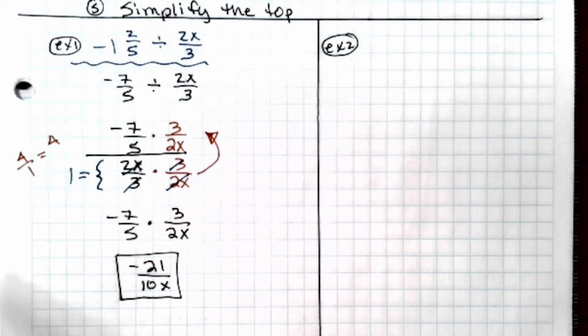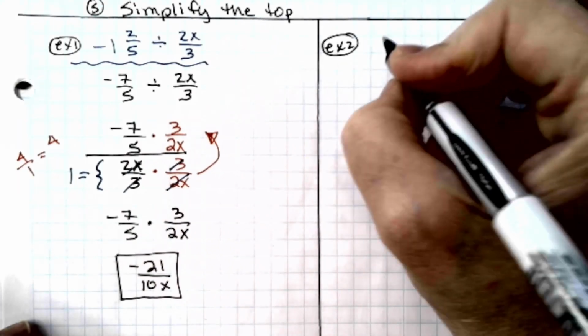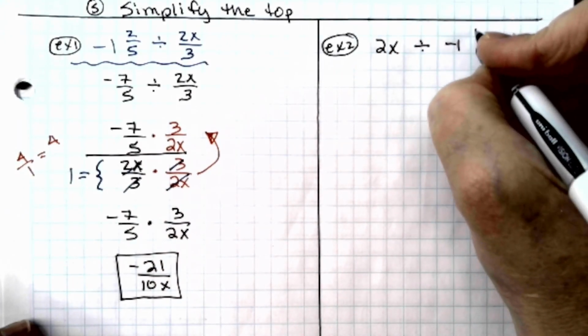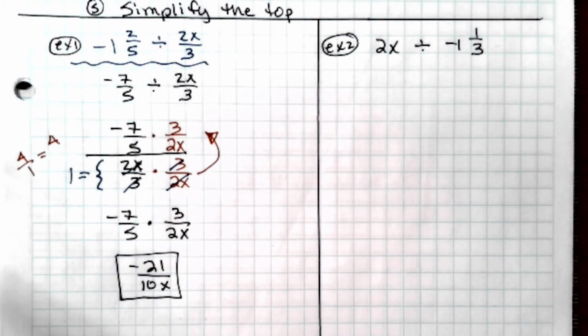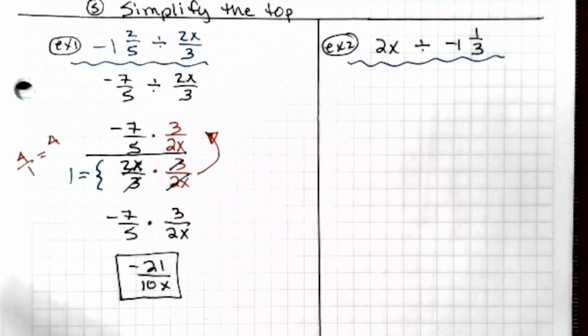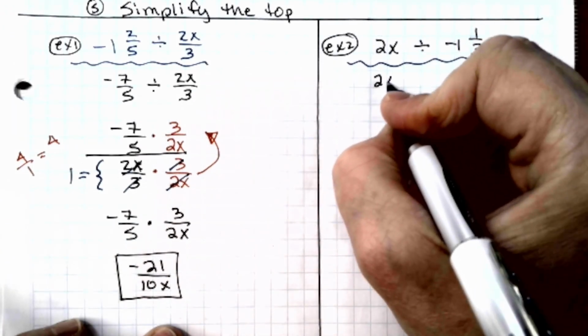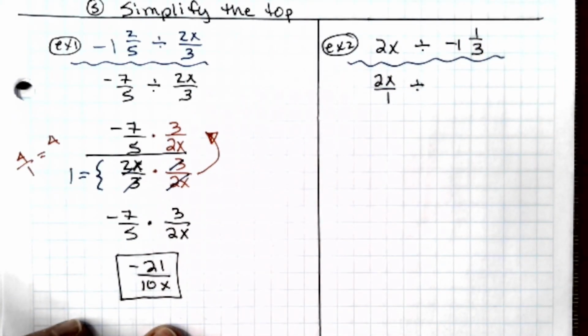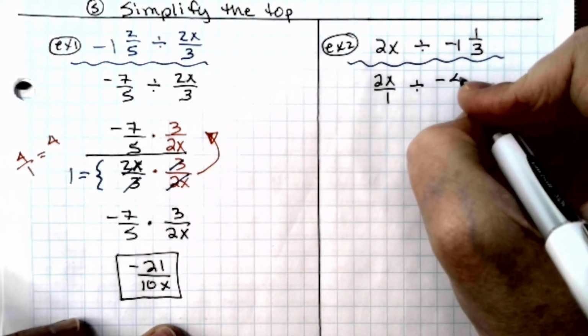Example 2 is 2x divided by negative 1 1/3. All right, so your first step is to put the whole numbers over 1. So 2x over 1. And change the mixed to improper, which would be negative 4/3.